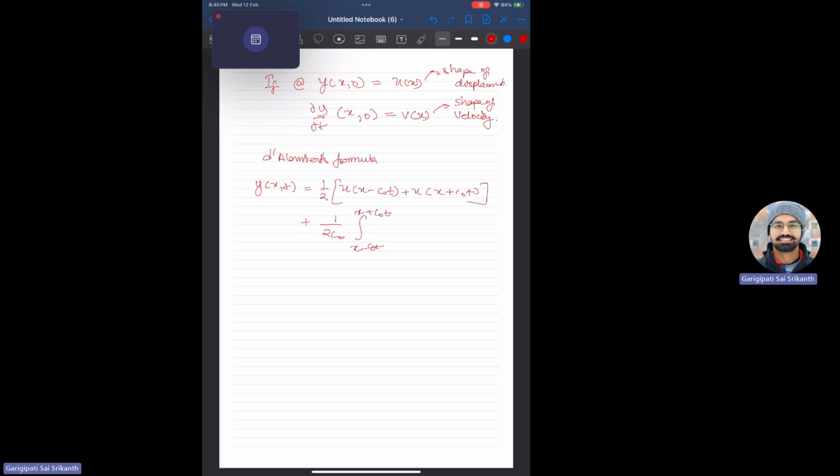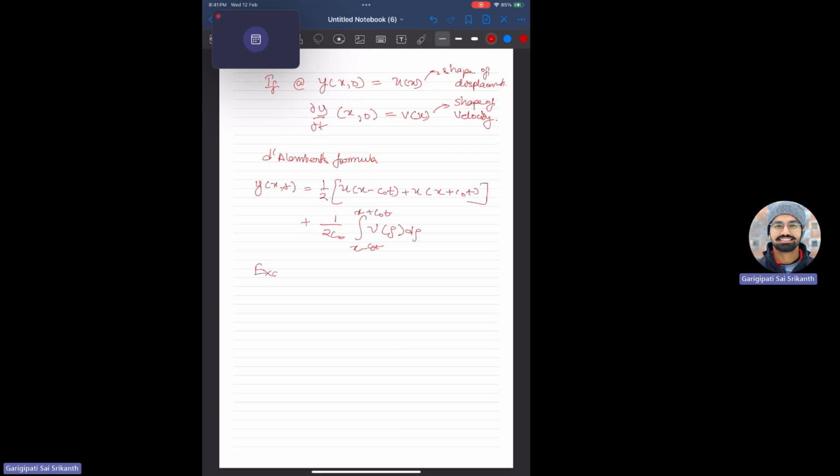When t is not 0, you're integrating from some value to the left of x to some value to the right of x. In a sense, what that means is that the effect of velocity spreads over time as well. So you integrate it.